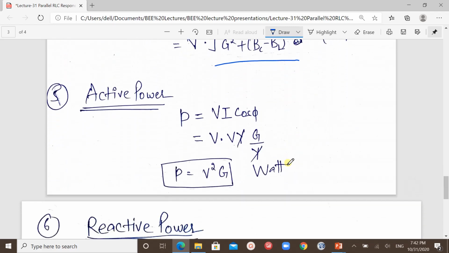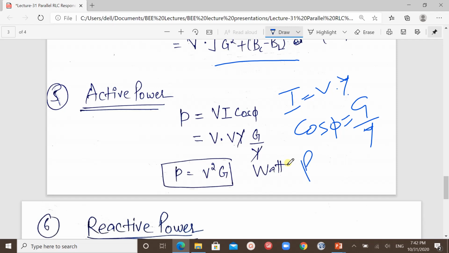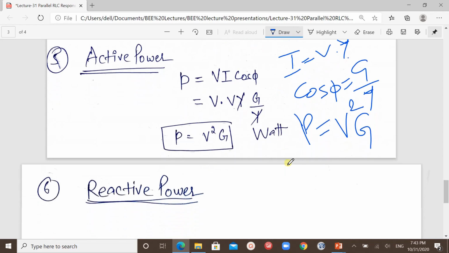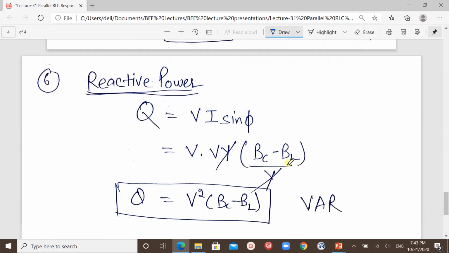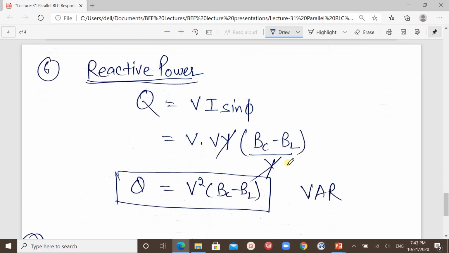Then active power. Active power P is equal to VI cos phi. Here we put the value of I, which is equal to V into Y, and cos phi, which is equal to G by Y. So we get P is equal to V squared G. Then reactive power, Q is equal to VI sin phi. Here we put the value of I, this is VY into sin phi.